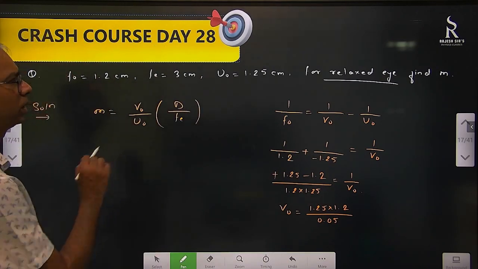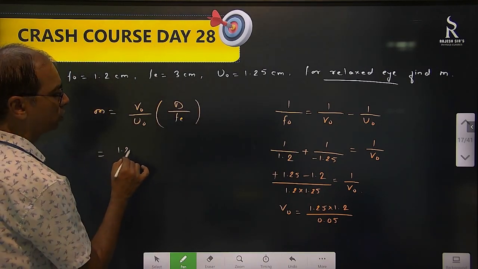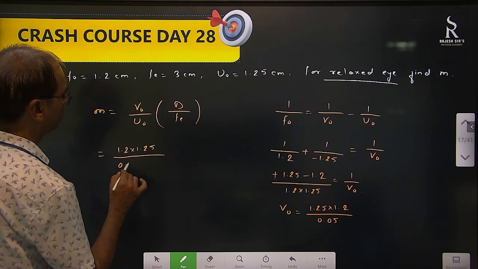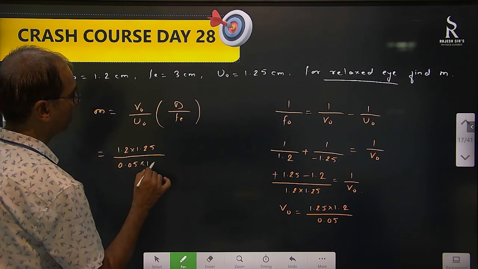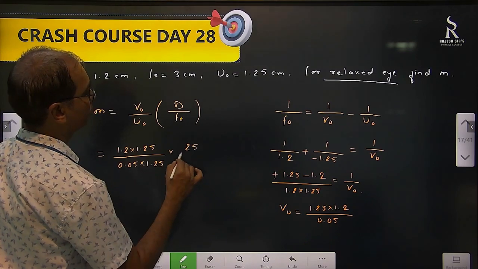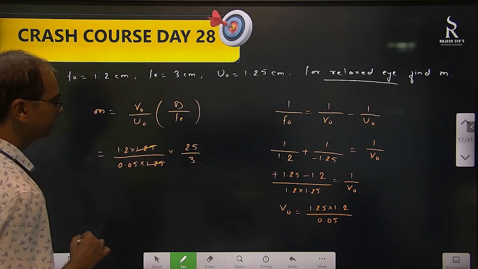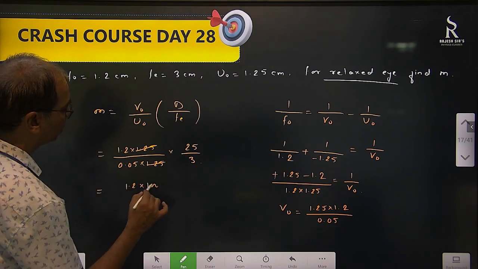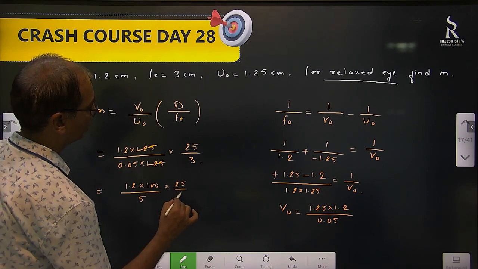Okay, let's put it over here. I think everything we have done. So 1.2 into 1.25 by 0.05 into U naught, which is 1.25 again, D value 25 and FE value 3. So 1.25, 1.25 cancel. 1.2 into 100 by 5 into 25 by 3.